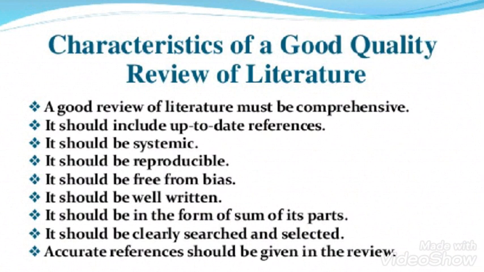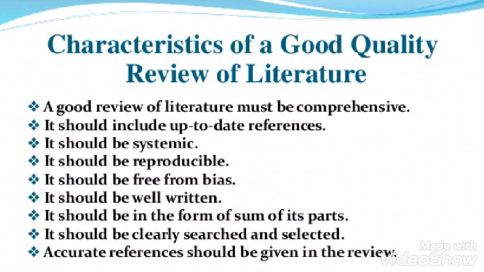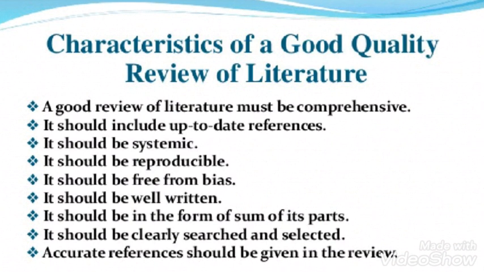It should be precise. You should cut short your statements and give a perfect literature review that will describe all your studies done. Then it should include up-to-date references, which means the latest references that you have used for your studies.